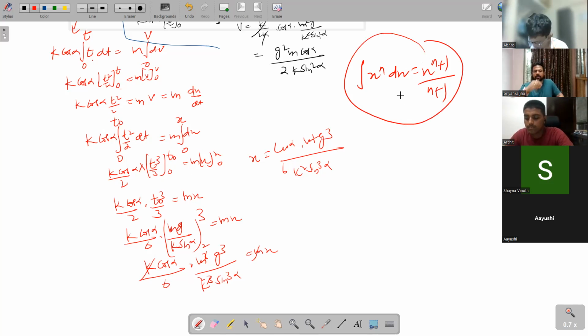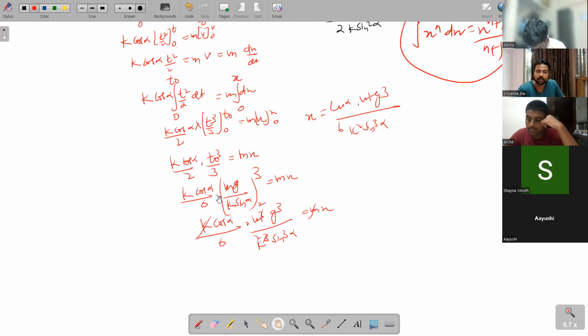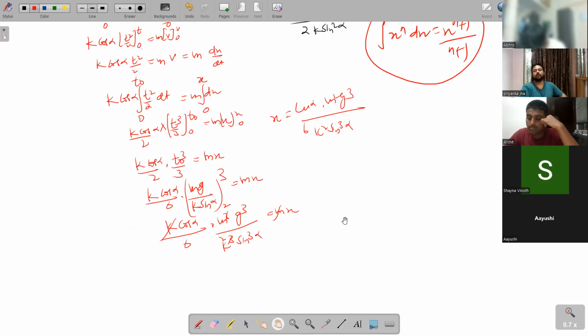You have to remember this formula. And then, sir, mg by k sin alpha? Because it is asking you to find the distance traversed until the moment when it will break off the plane. So at this time it will break off the plane. So for this time, put t equal to t naught, the value of t naught from here.